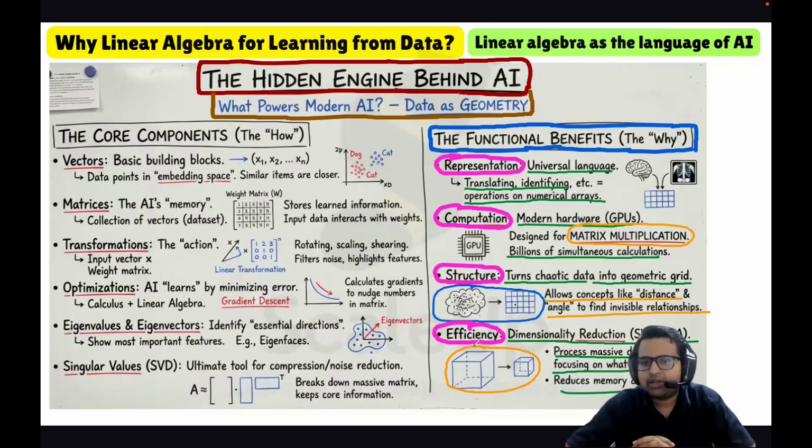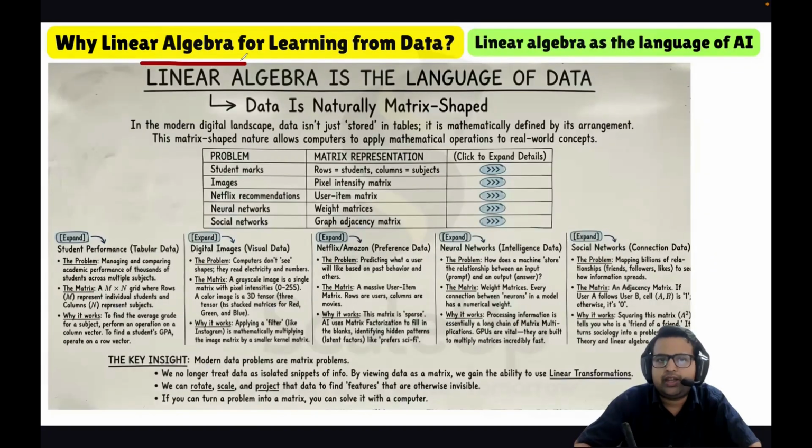And it provides efficiency, using dimensionality reduction to process massive data sets with reduced memory and power consumption. Hence, linear algebra is the hidden engine behind artificial intelligence. Linear algebra is the language of data.